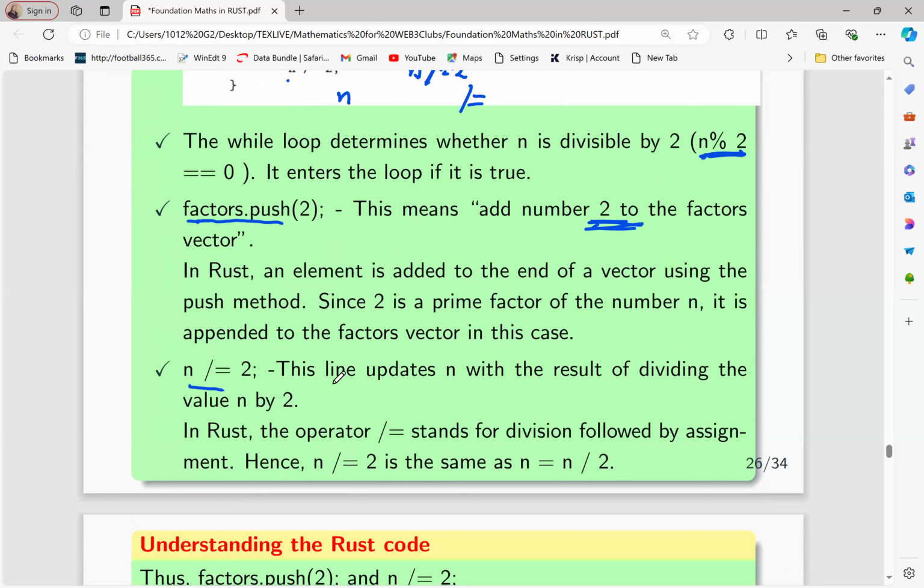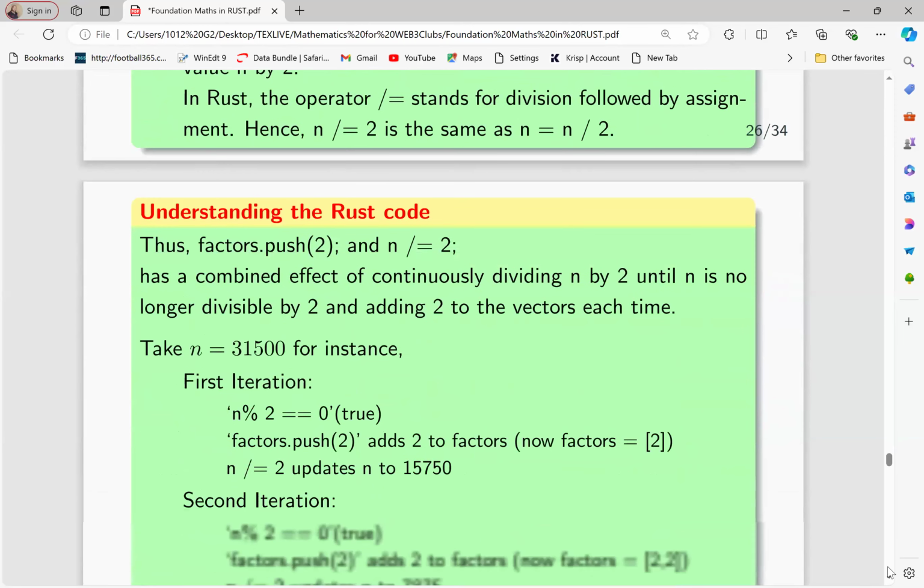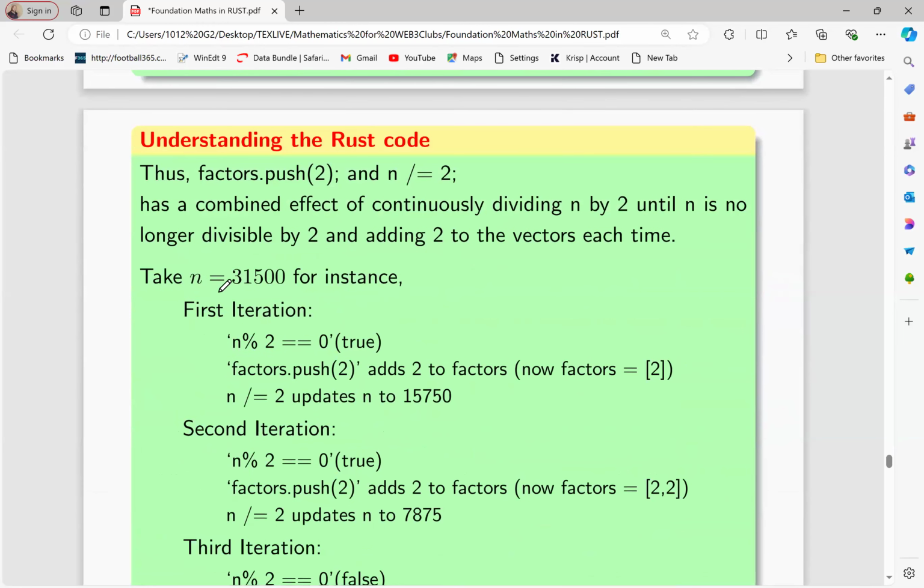This part I've already explained what it means. Let me just show you by an example. I'm taking the example that I've just had. We've had 1,500. We've input this number.